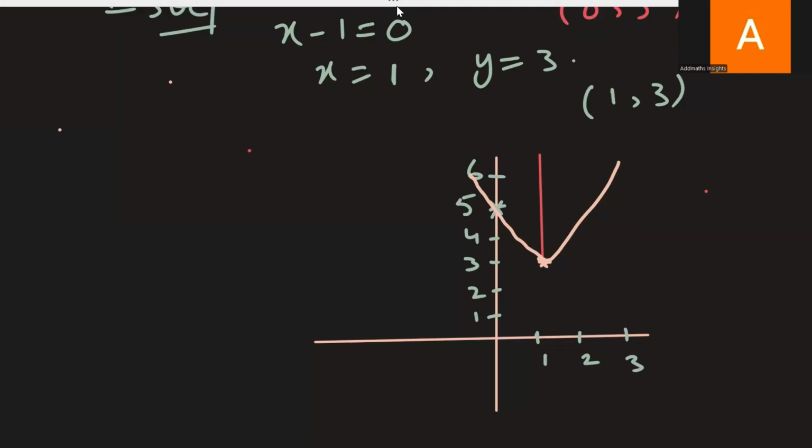When factorization is possible, you find the x-intercepts and the turning point. In the next video, we do more questions and you will learn to determine the number of roots of a quadratic equation and the related conditions for a line to intersect, be a tangent, or not intersect a given curve.